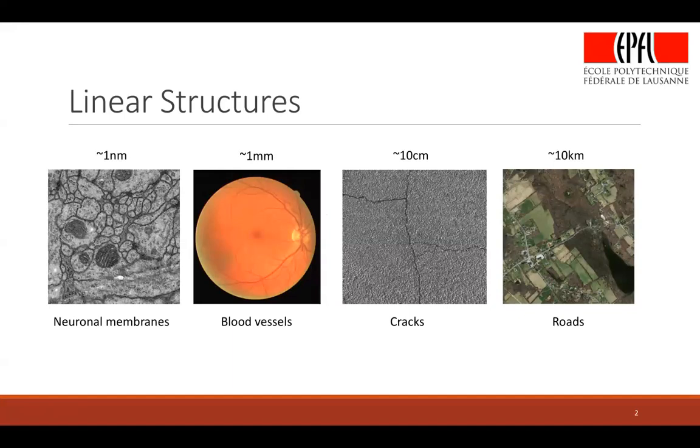So linear structures are prevalent in nature. And they appear on a range of scales, starting from neuronal membranes in electron microscopy images to whole neurons in light microscopy, blood vessels in the retina of the eye, cracks in different materials, and finally roads in aerial or satellite images.